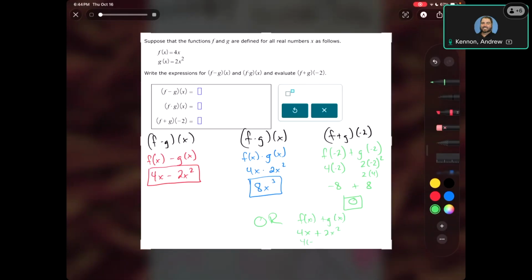So 4 times -2 plus 2 times -2 squared, and you get 0. I always think it's easier to plug it in first instead of adding it, then plugging it in. So this one plugs it in and then adds it, and the other one adds it, then plugs it in.